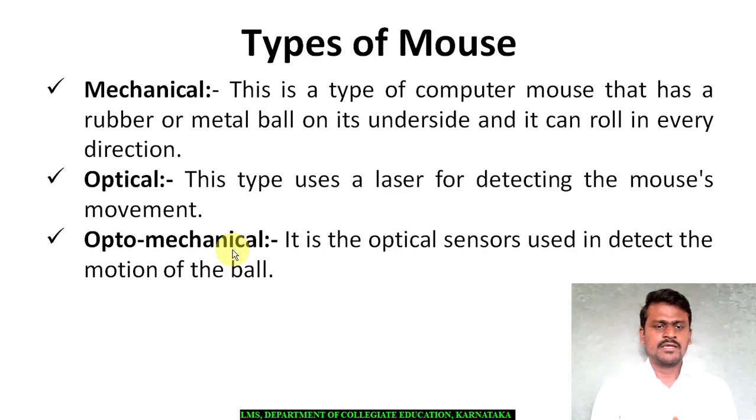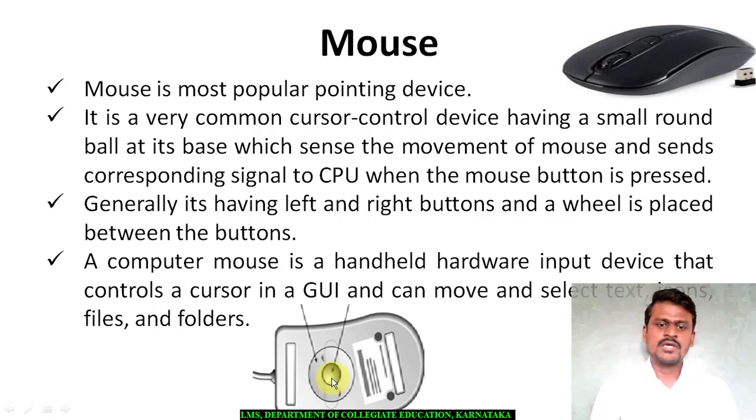Why do we use this? In the mechanical mouse there is a rubber ball, and with that rubber ball there will be 4 rollers. For example, consider this is a mouse and this is a rubber ball. For this ball there will be 4 different rollers in a square. Whenever you move the mouse, those rollers will move, so that the mouse movement will be detected.